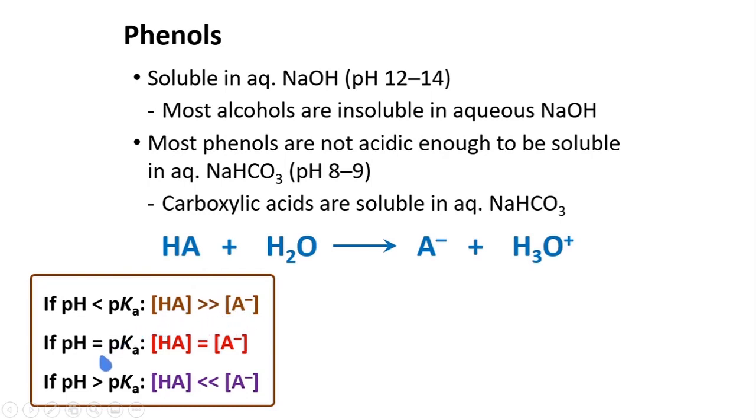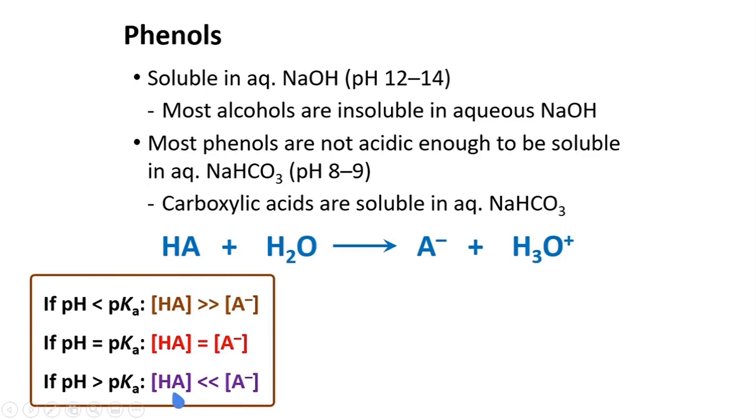If pH is equal to pKa, the concentration of HA is equal to the concentration of A-. If pH is greater than pKa, then the amount of A- should be greater than the amount of HA.